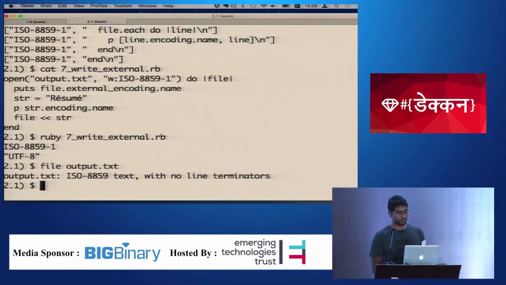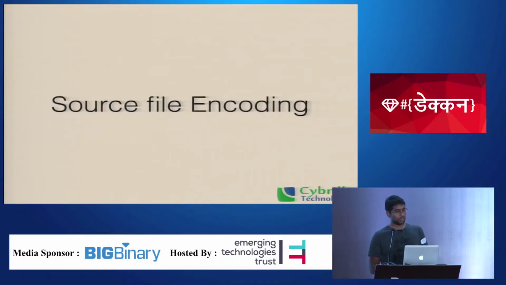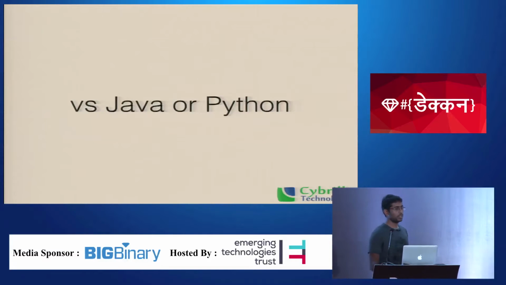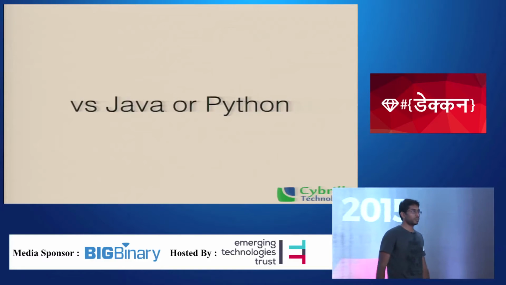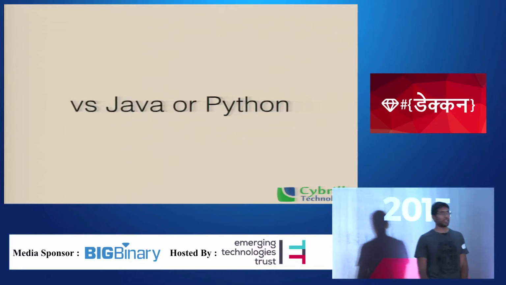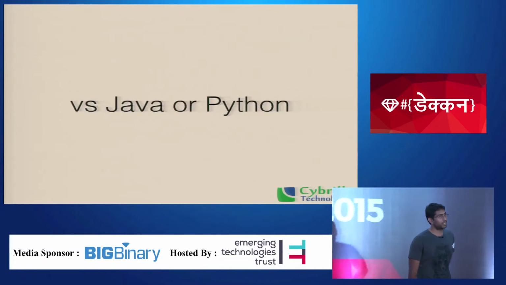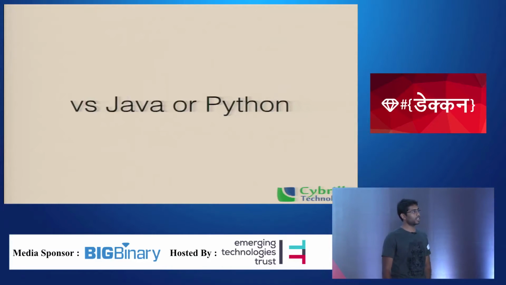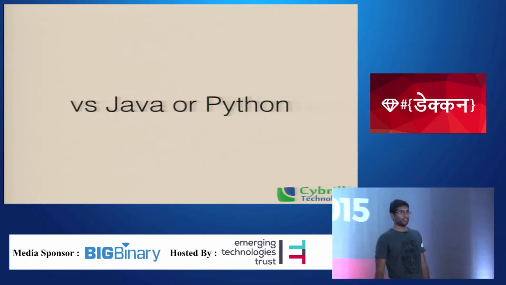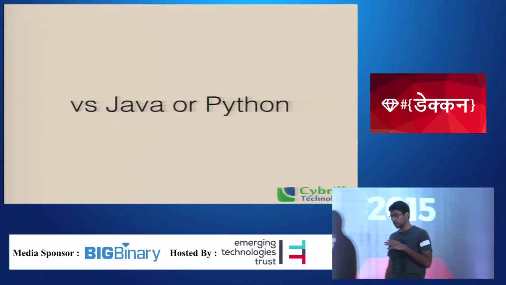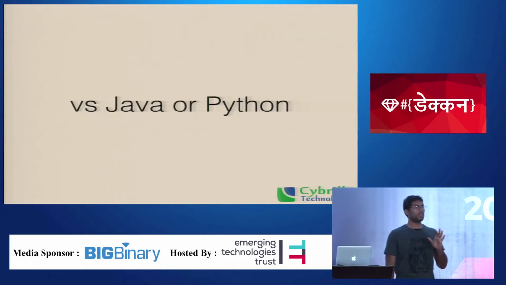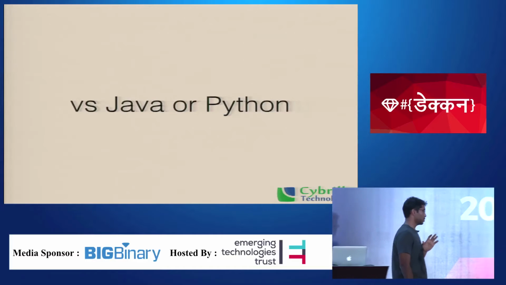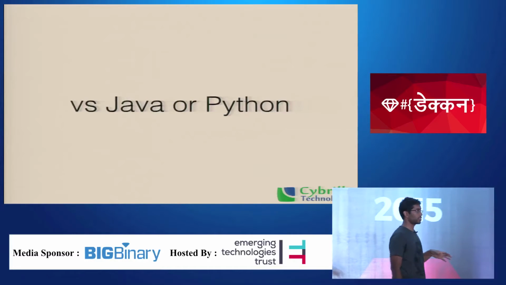So let's go back. What's the difference, like how is it handled in Java or Python? As I told, Ruby handles it in a slightly different way, right? If you look at Java or Python, they have said that we're not going to support all these encodings. We're going to set one internal encoding, and all our programs are going to use that encoding for all internal operations.